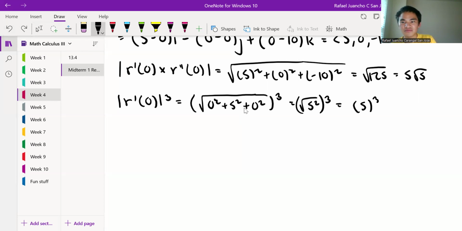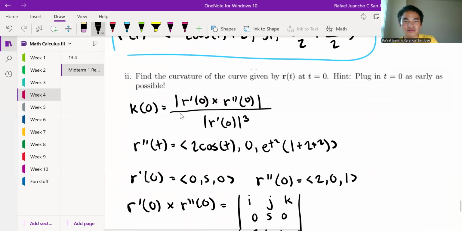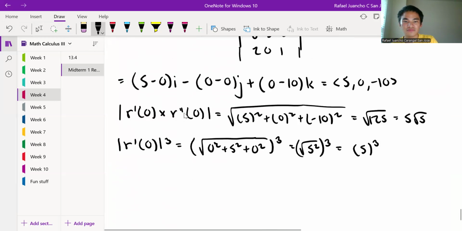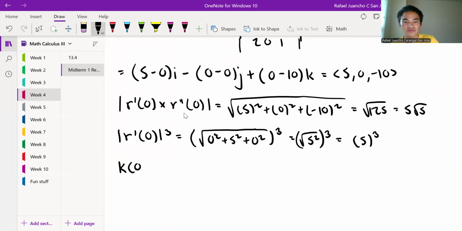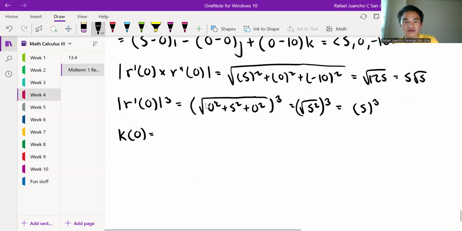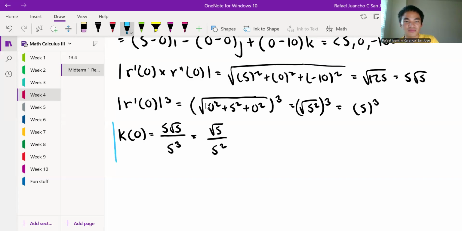And so my curvature at t equals 0 is 5 square root 5 over 5 cubed. I can cancel some stuff out. So this is just square root 5 over 5 squared.